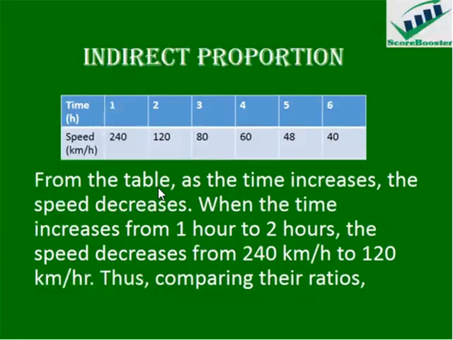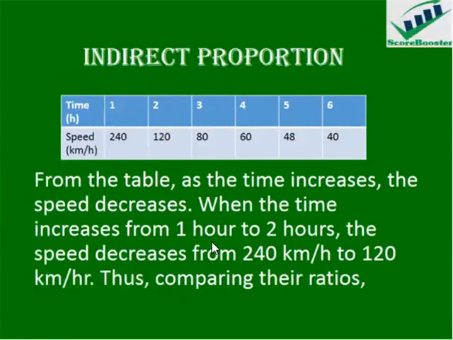So from the table, we deduce that as the time increases, the speed of the car decreases, or as the speed decreases, the time it takes the car to get to where it's going increases. So when the time increases from 1 hour to 2 hours, the speed decreases from 240 kilometers per hour to 120 kilometers per hour. So we want to see the relationship between the time and the speed now.